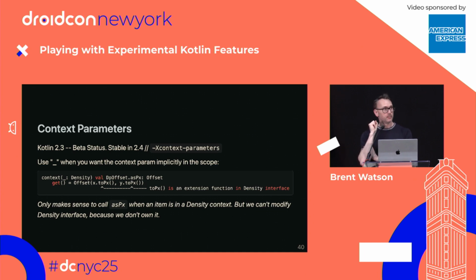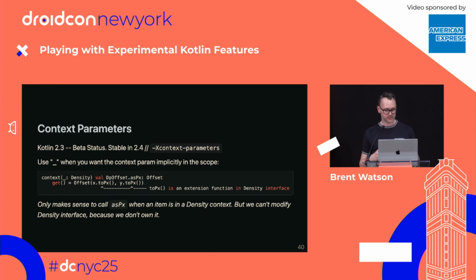So the ideal place where this asPx function that I'm writing would exist would be in that interface, but I don't own that interface, right? So this lets me say that that interface has to be in context on the thing that I'm calling this asPx function on for it to make sense.